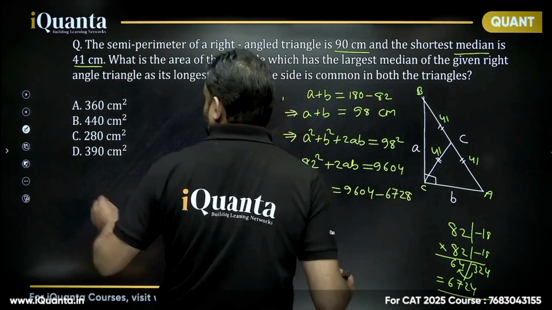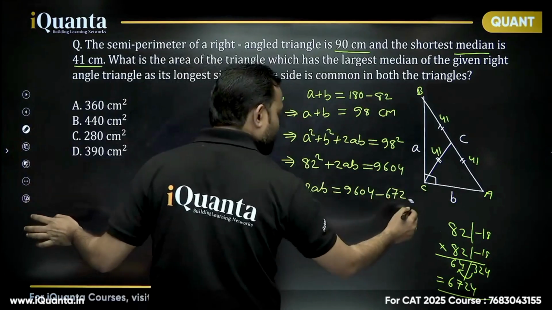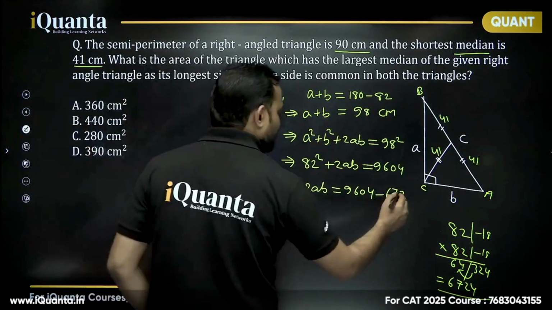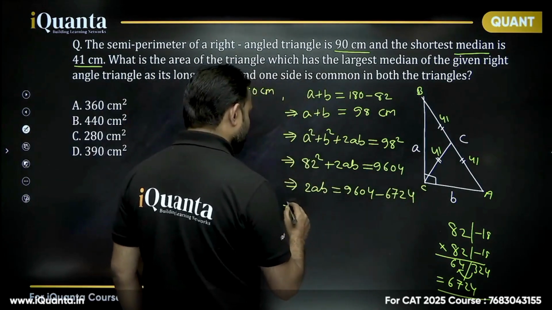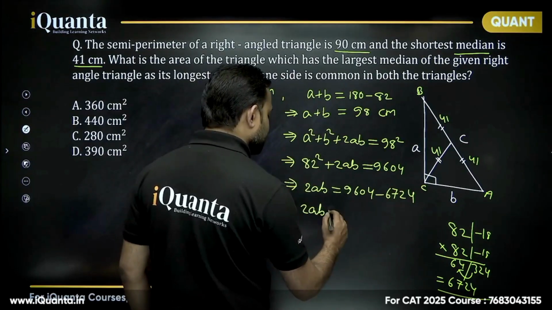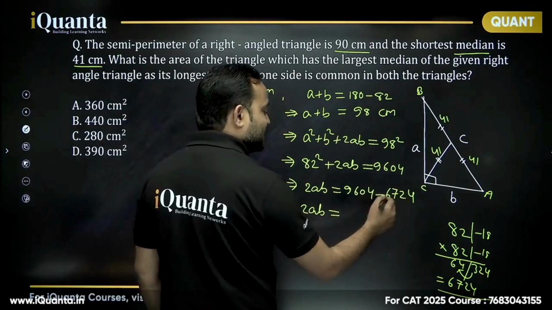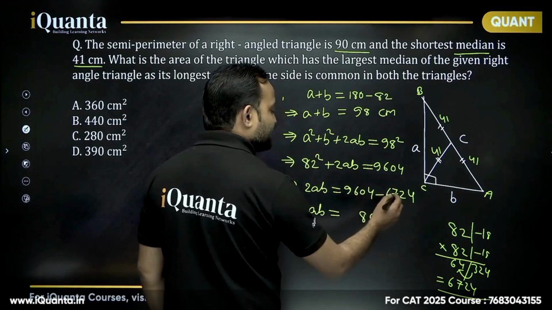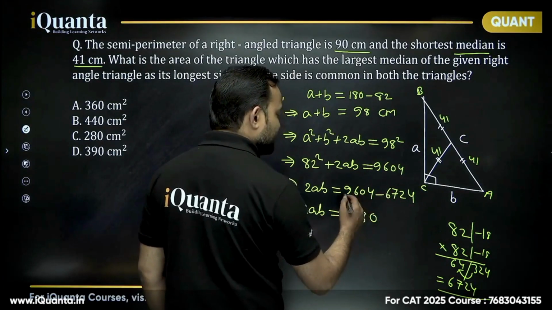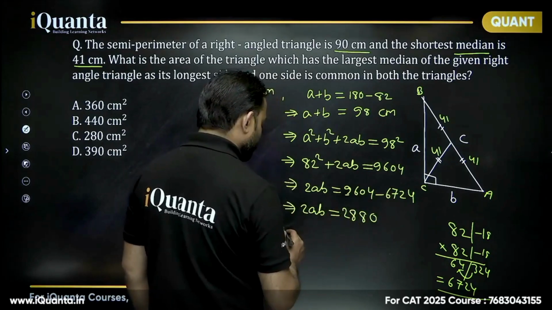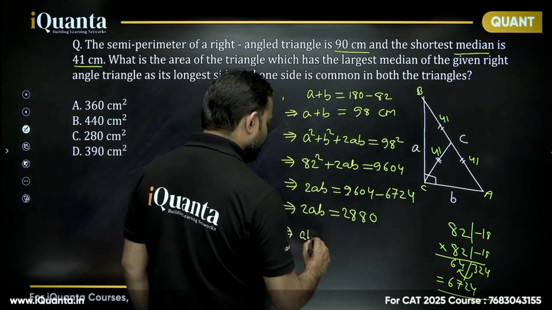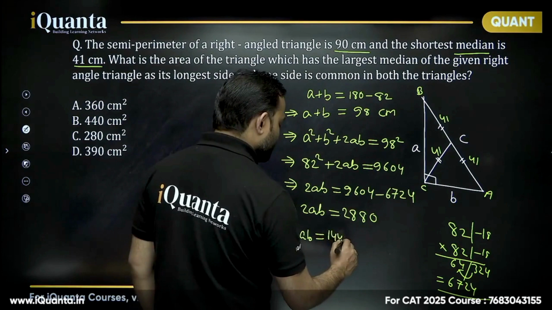Now from there we get 2AB is equal to 9604 minus 6724, which is 2880. So from there we get AB is equal to 1440.